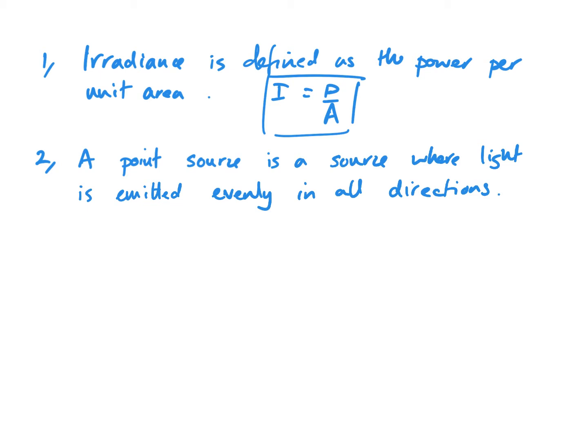And so if you've got your point source, and then you have a measuring tape or meter stick, something like that, or some way of measuring distance. And then you have a light sensor or something, a light meter.